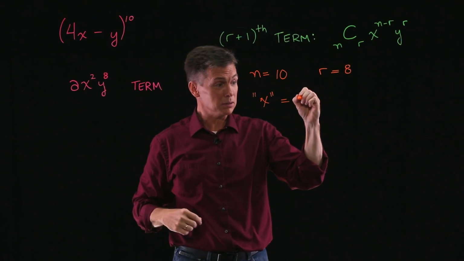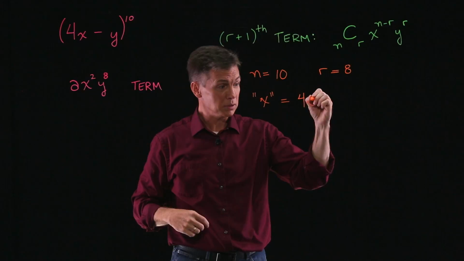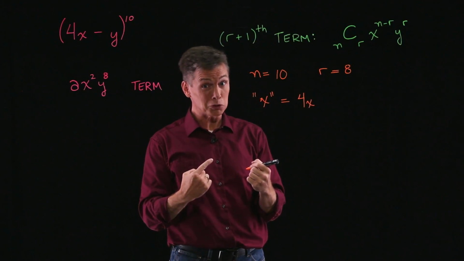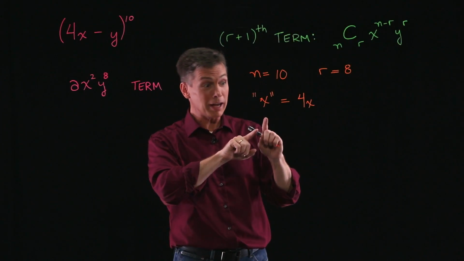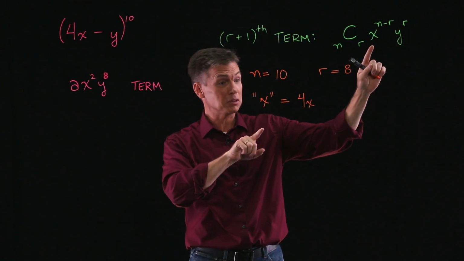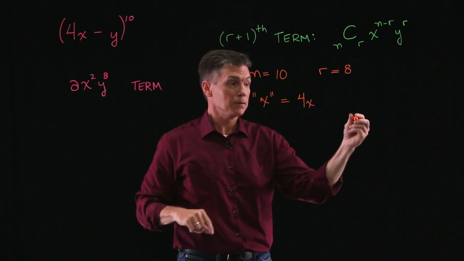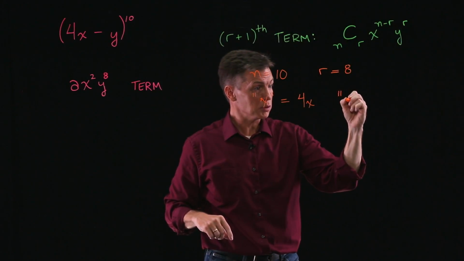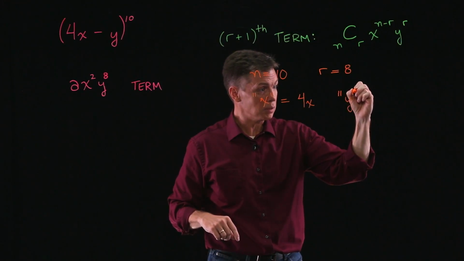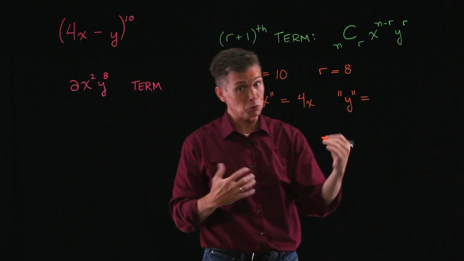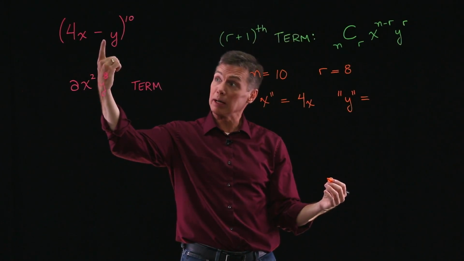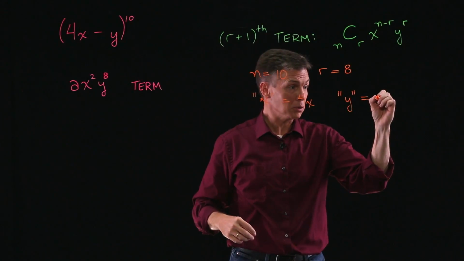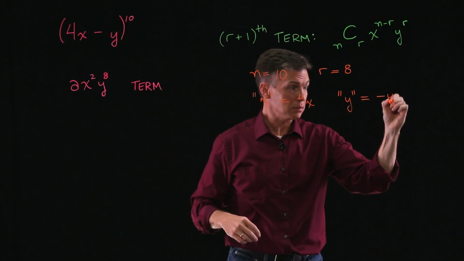So x here is actually 4x. Now you might see why I put the quotes. I don't want you to think that x equals 4x. What we're calling x in the formula is going to be 4x for me. Similarly, I have to focus on what y is. It might not just be a regular old y. In fact, it's not. Be careful. That minus sign in front, I'm going to include that here.